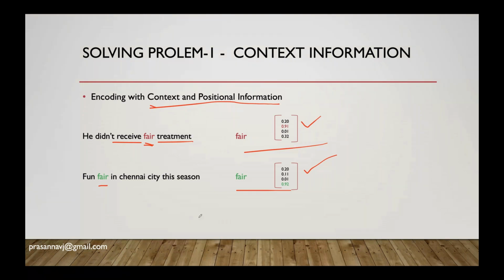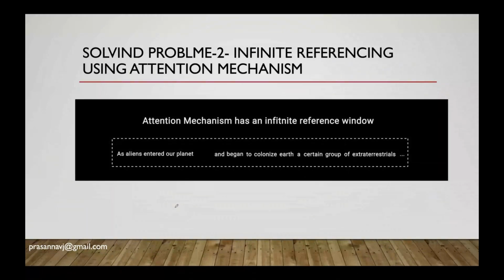So that is the difference: contextual and positional information actually solves the first problem we were talking about. The second problem is referencing. The transformer brought in a concept called the attention mechanism.